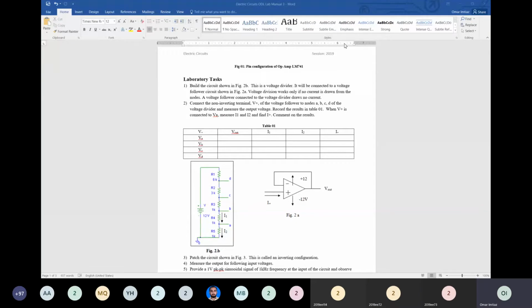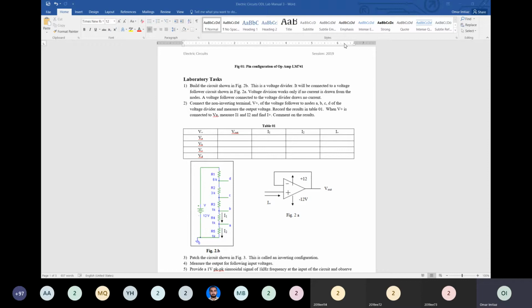If I apply VDR on this particular circuit, I will see that the voltage across R5 will be 1 volt, R4 will also be 1 volt, R3 will also be 1 volt, R2 will have 3 volts, and R1 will have 6 volts across it. It is a voltage divider which is very easy to figure out. Total resistance is 12 kilo ohms and total voltage is 12 volts. So 1 kilo ohm is going to have 1 volt.